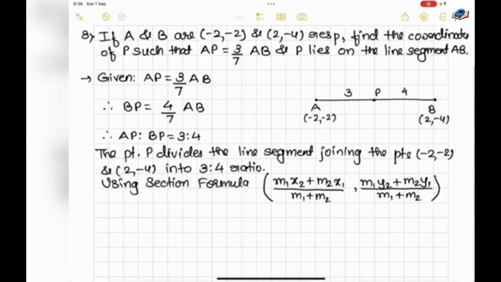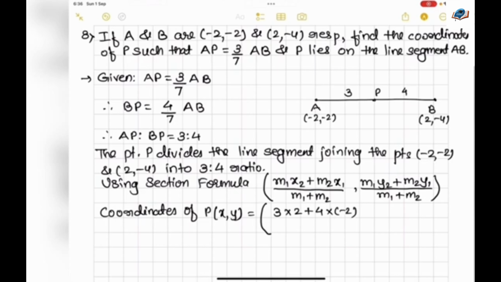So coordinates of P, x comma y, will be equal to (3 into 2 plus 4 into minus 2) by (3 plus 4), comma (3 into minus 4 plus 4 into minus 2) by (3 plus 4).